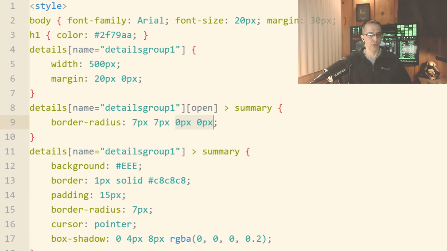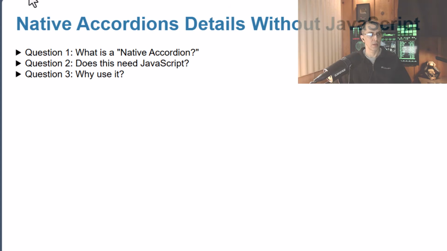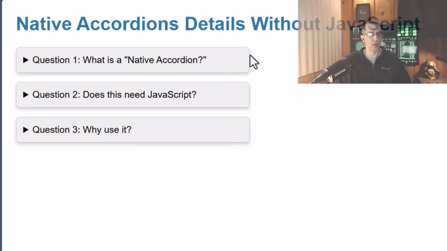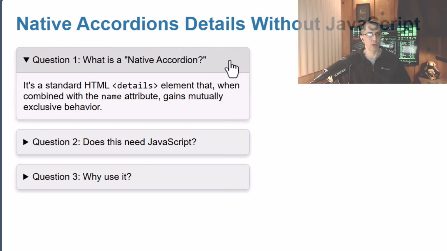And let me show you what that does. So right here when they open, you can see they all start rounded on every corner. All 4 corners are rounded 7 pixels. But when I open one, I make the bottom edge of this summary element a sharp corner. That way it can meet up with this div here that holds the information that was hidden.